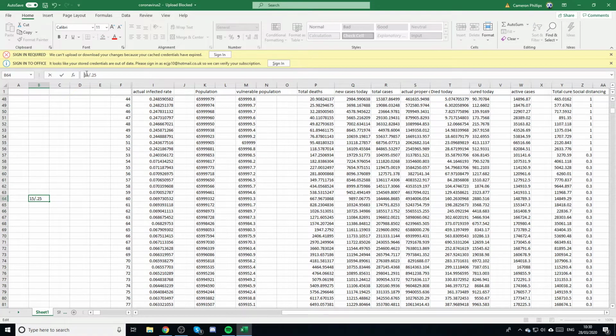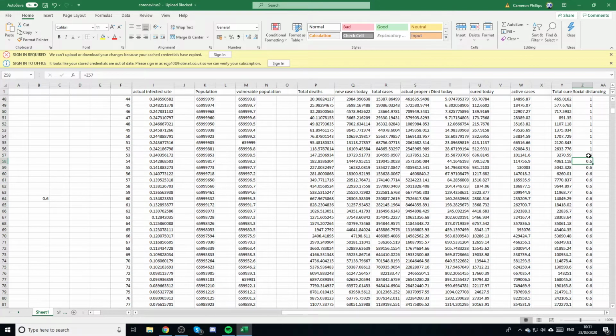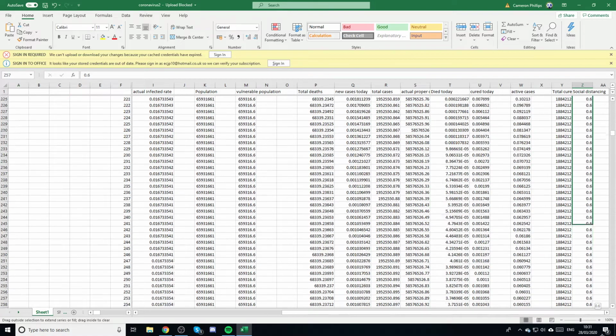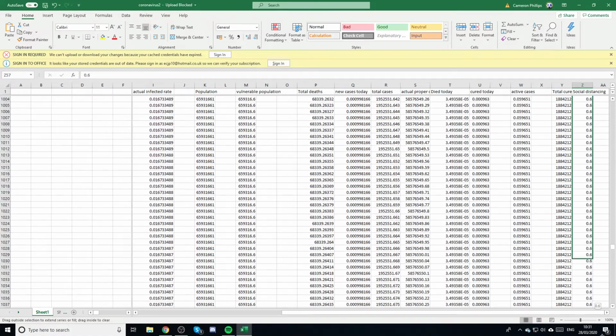What this effectively does is work out the factor. That's not right, is it? That should be 0.15 over 0.25, 0.6. So Italy has got this down to 0.6. We think.